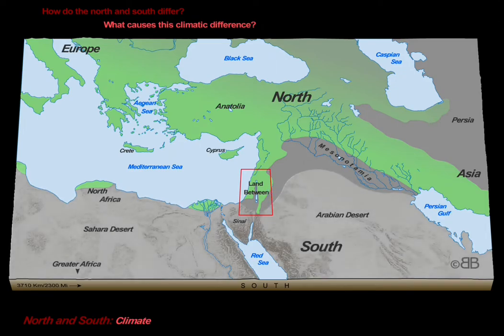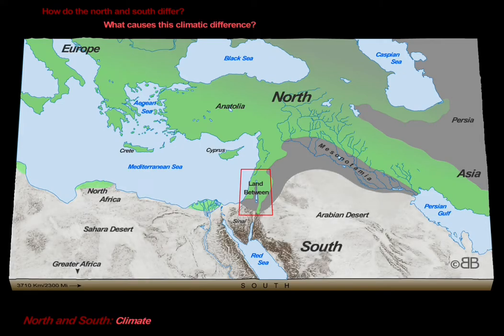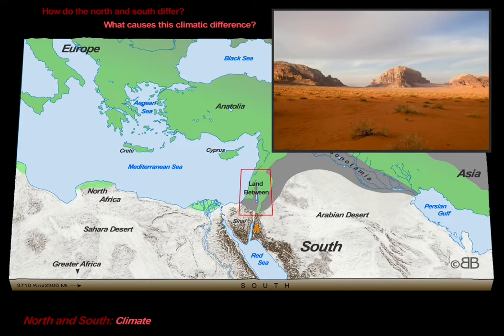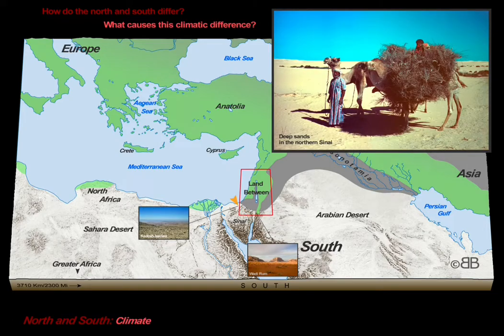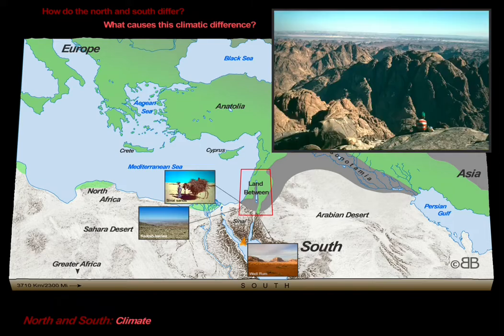This results in the South's vast and varied deserts, such as the sandstone desert of Wadi Rum, on the border between modern-day Jordan and Saudi Arabia, or the combination of limestones and chalks standing near the desert oasis of Kadesh Barnea, or the deep sands found along the route to Egypt in the northern Sinai, or the exposure of the great Afro-Arabian plate in the granite deserts around the Red Sea.